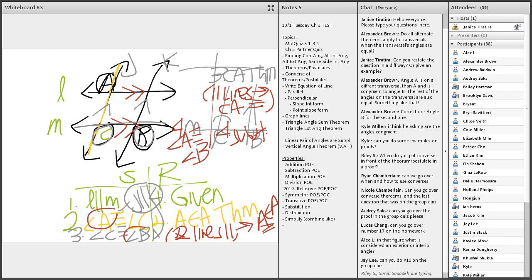So once again, that was just a quick explanation to Alexander's question. Hopefully that answered your question, Alex. So the original question, your answer was no, they are not congruent by alternate exterior angles.